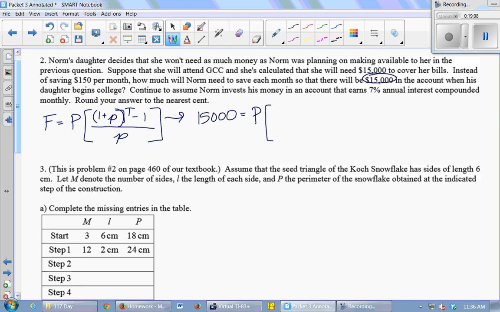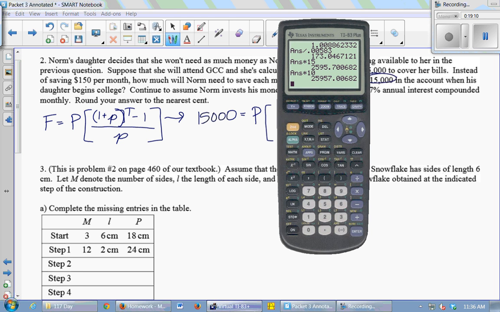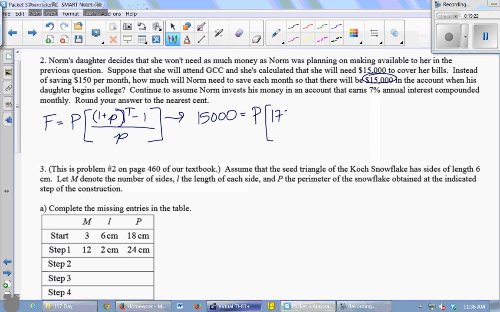And this number in parentheses I actually calculated a little while ago. It was 173.04. You can do it again, but it comes out to 173.04671 after you plug in your little p and your capital T and do that all out. So then you just have to divide both sides by that number.